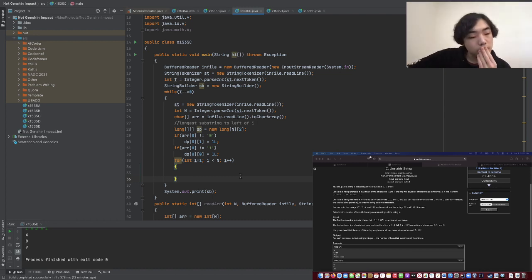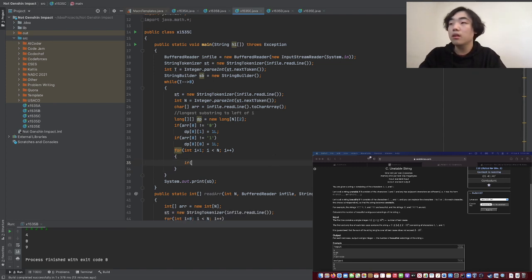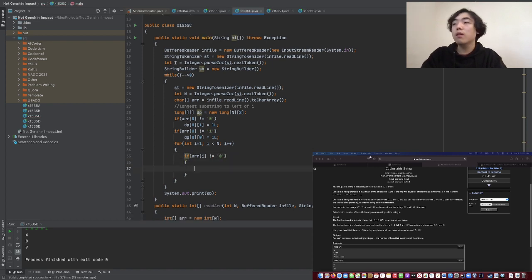Or I guess, yeah, this is the length of the longest substring that we could potentially have after this. And then we just sum across the max of everything. So if array at i doesn't equal 0, then we can have it end at i. So it's like dp at i and 1.